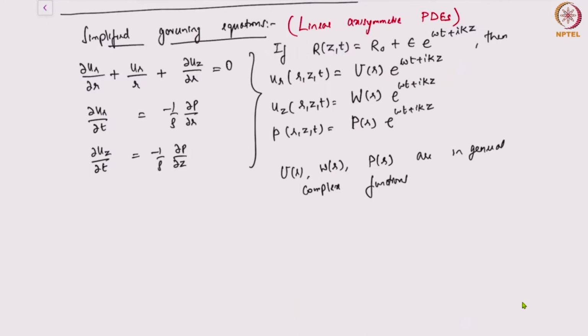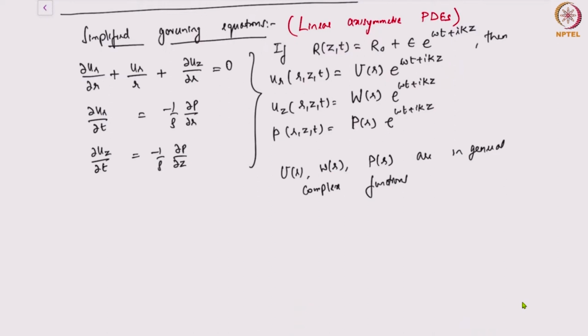But we should also expect it to be a complex function because we have assumed that all the perturbations for ur, uz and p are just in this form exponential of omega t plus I kz. There is no phase information, right? We could either put in an explicit phase information, or we could just say that the complex part of ur, w of r and p of r will take care of the phase information.